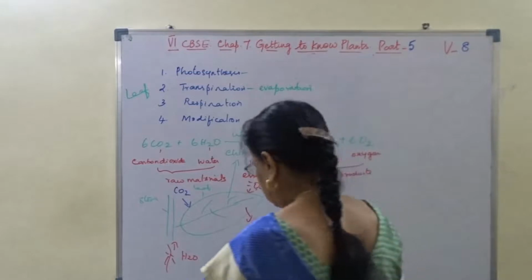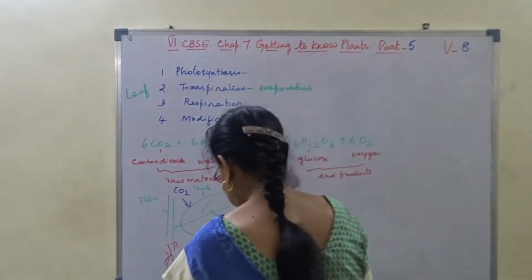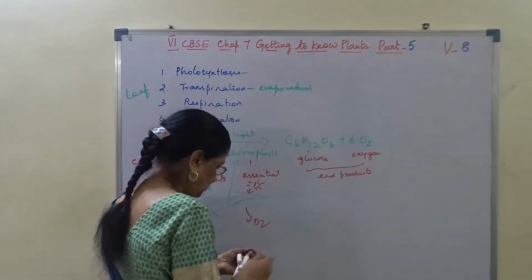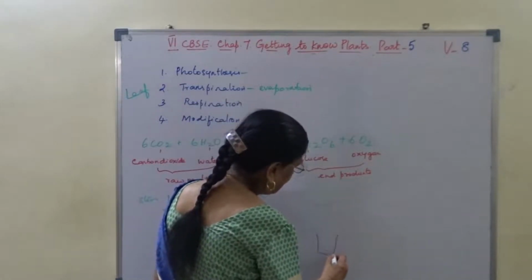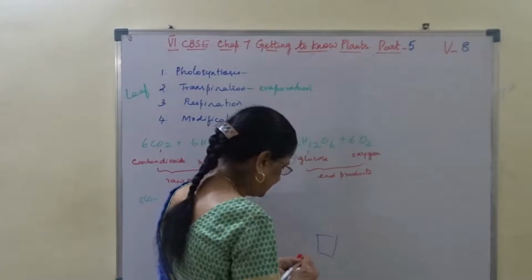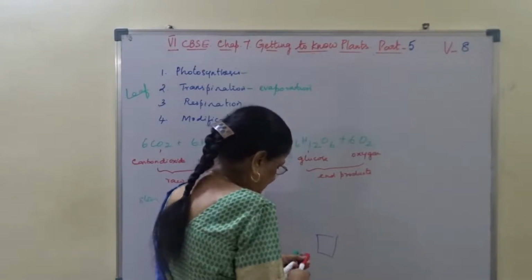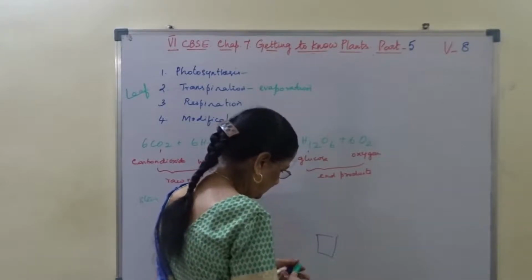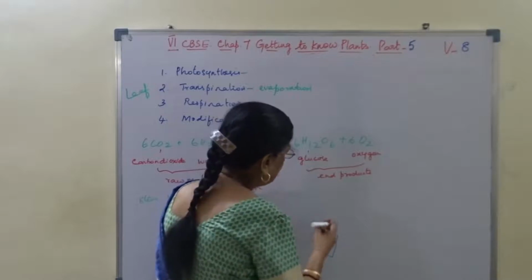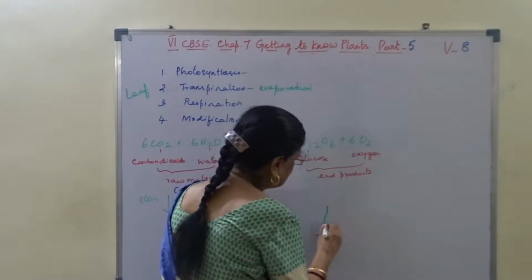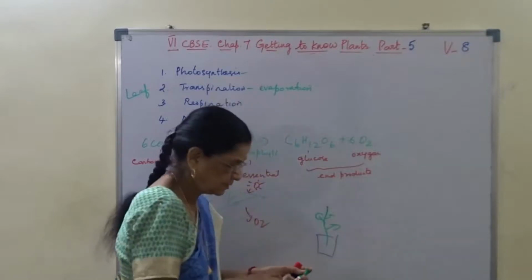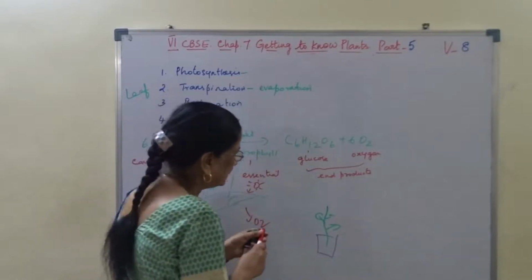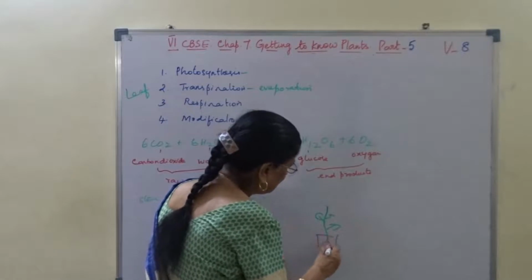Now in our textbook, there is an experiment given where you take a potted plant like this. Here will be the roots.